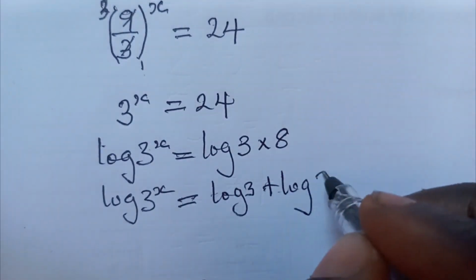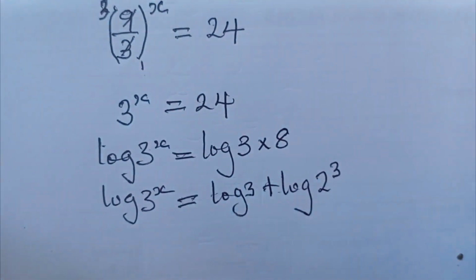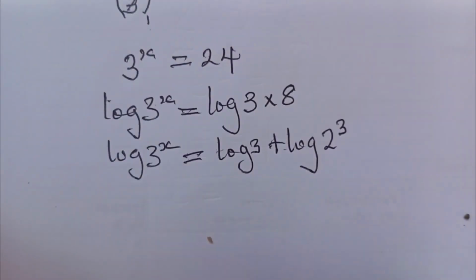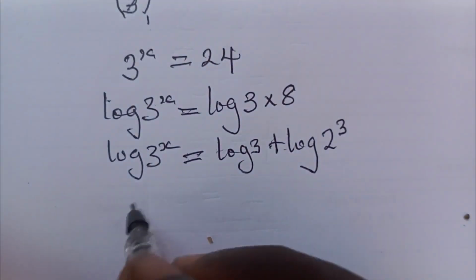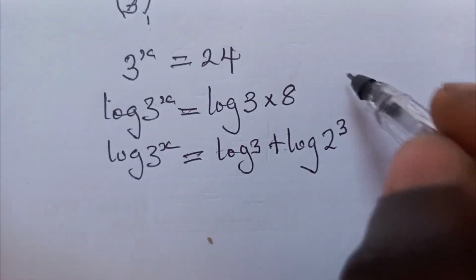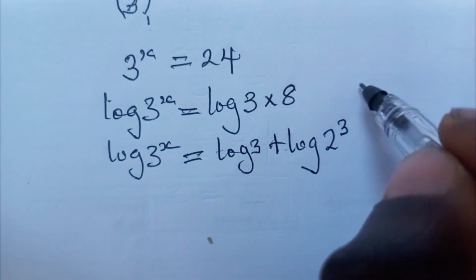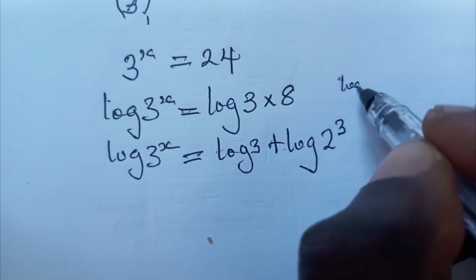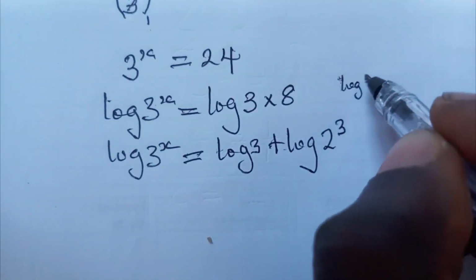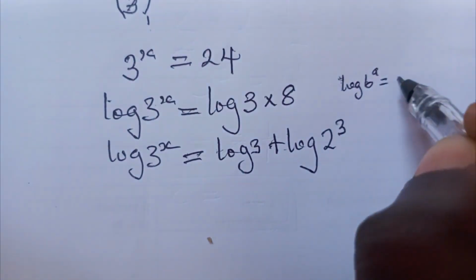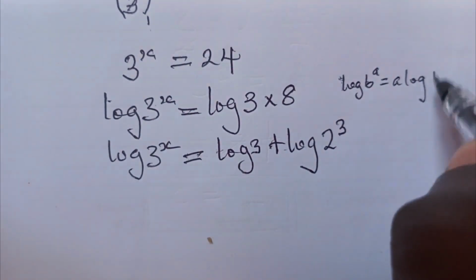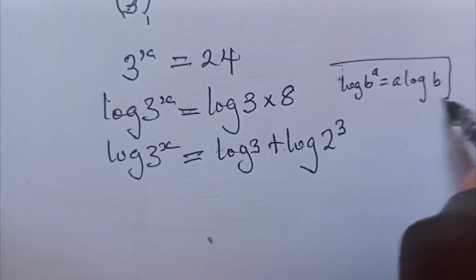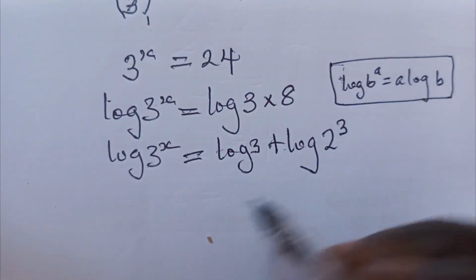Our 8 can be 2 raised to the power of 3, which also gives us 8. So we are going to apply the power rule. The power rule says if you have log b raised to the power of a, it will be a log b. So we apply the power rule here.